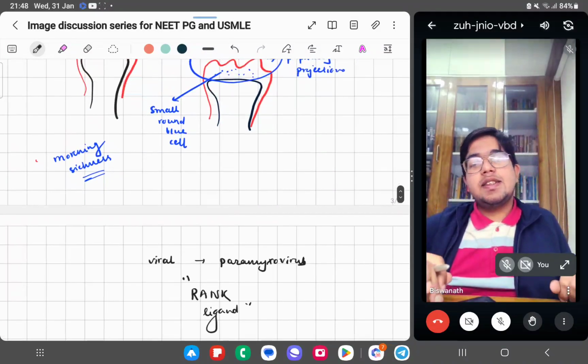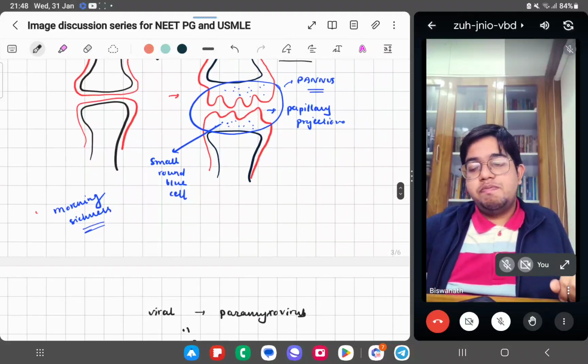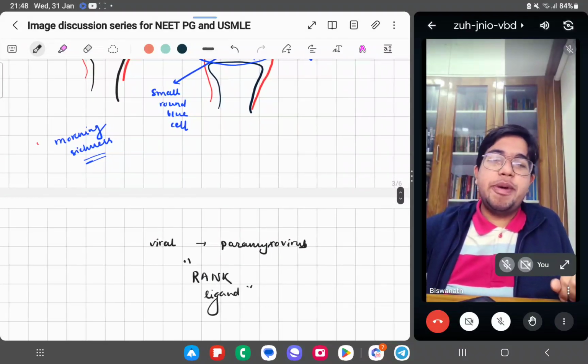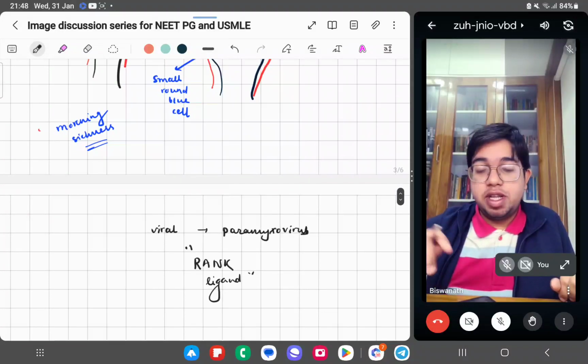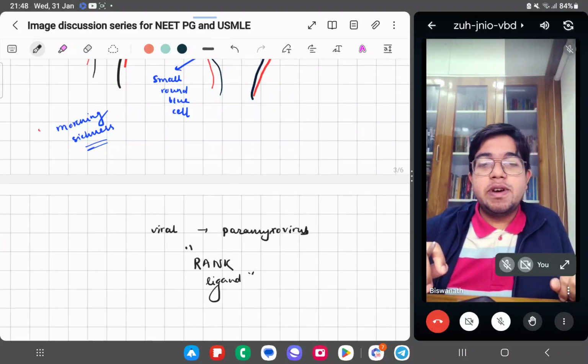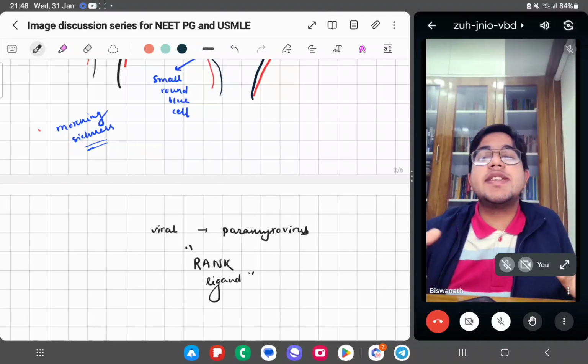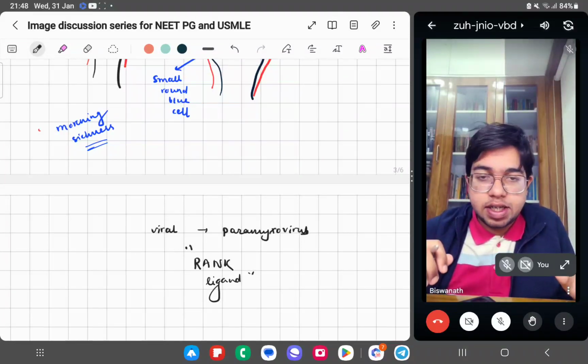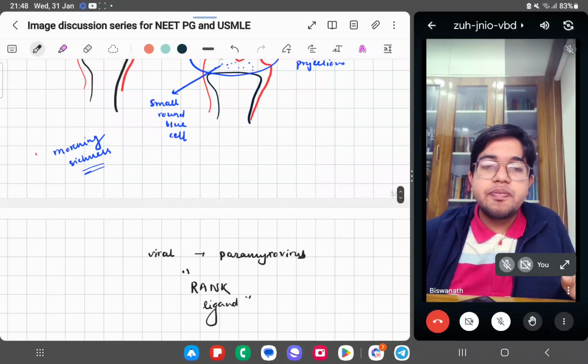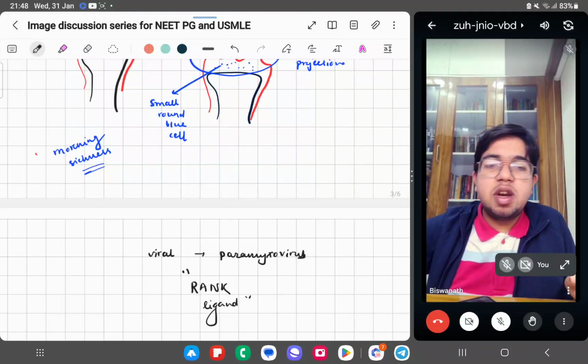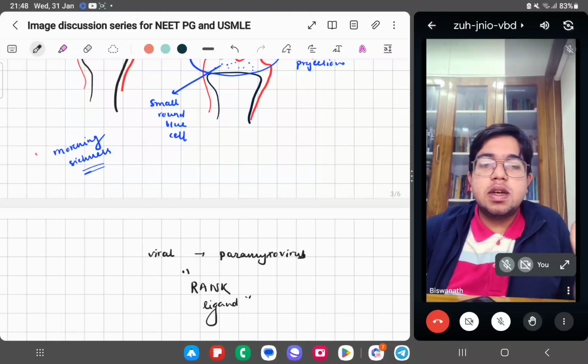I was telling that this is generally due to a viral etiology, or it may be due to RANK mutation. These are the proposed etiologies; I cannot pinpoint one and say it is due to this.